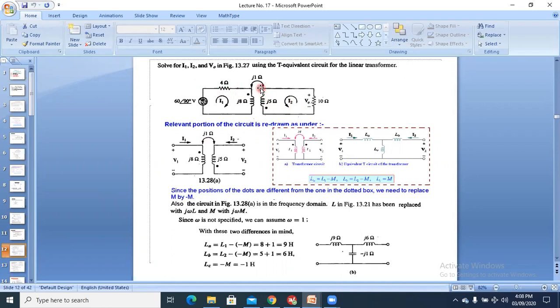So if the value of M is negative, the values of LA, LB and LC are calculated with minus M, and we have LC equal to minus M. We get the corresponding values of LA, LB and LC, and we will mention them on the network.